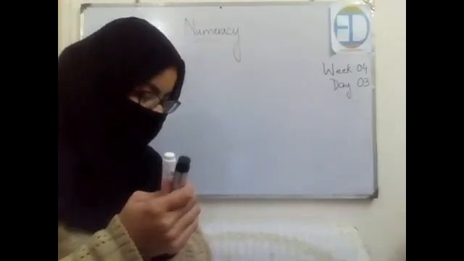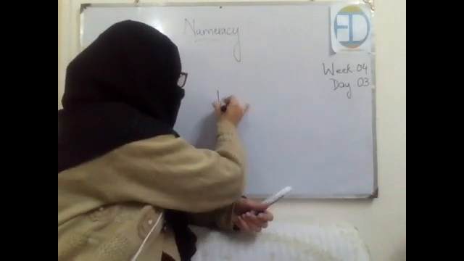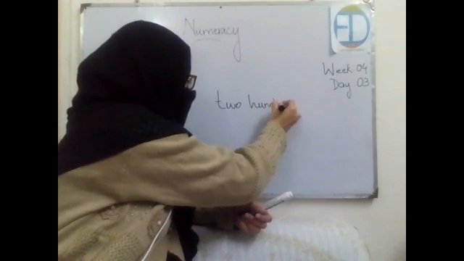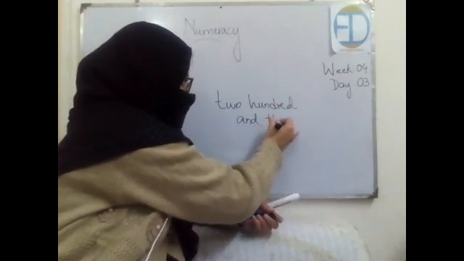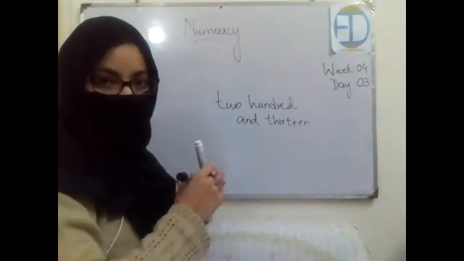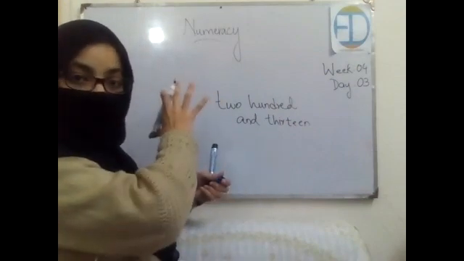So the second number is 213, okay? 213. Now, what would be the first step? Okay, the first step will be that you will be writing the values of them.